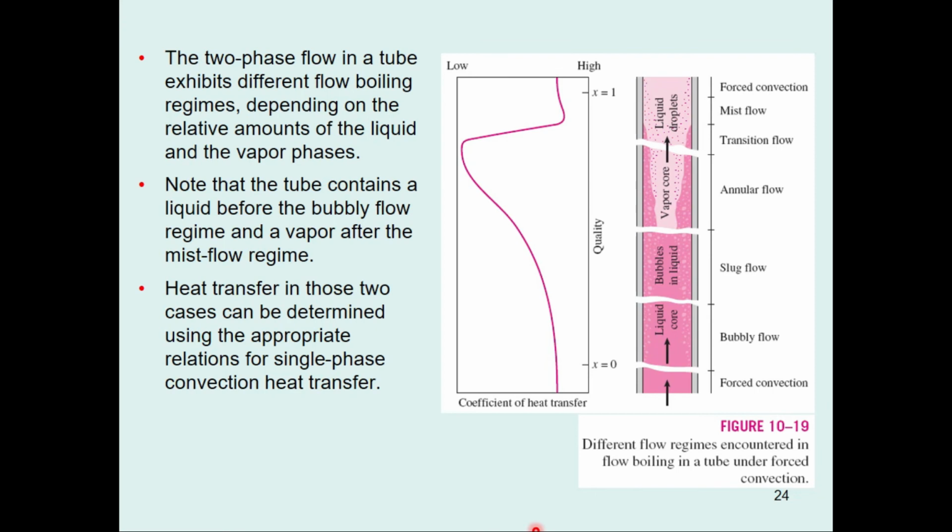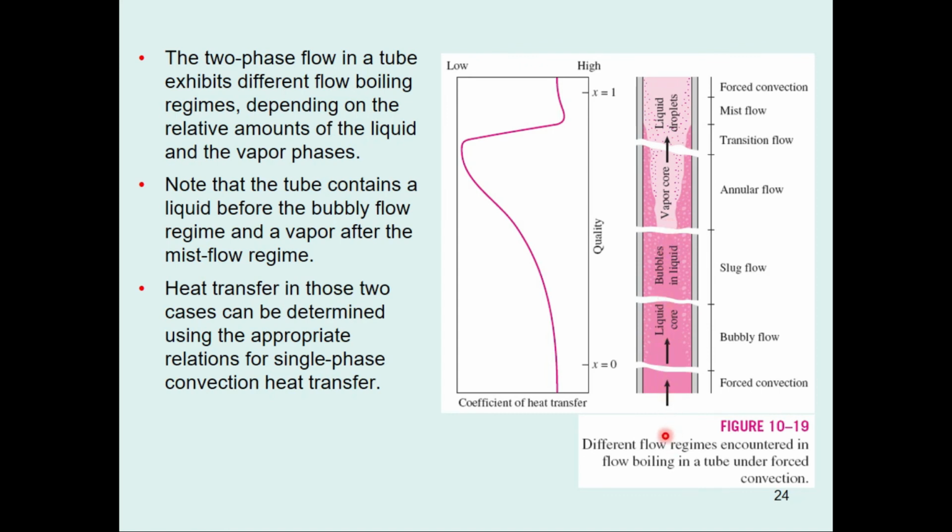So there are different stages that we encounter in the flow boiling in a heated tube, as you can see in this diagram. You can see the variation of the heat transfer coefficient along the length of the tube. The fluid is moving from bottom to the top by some external means.